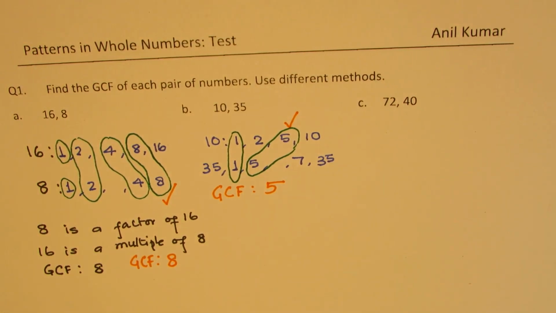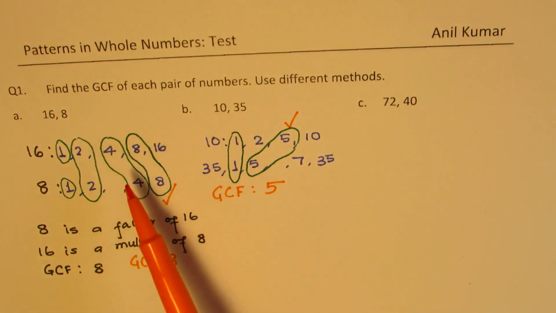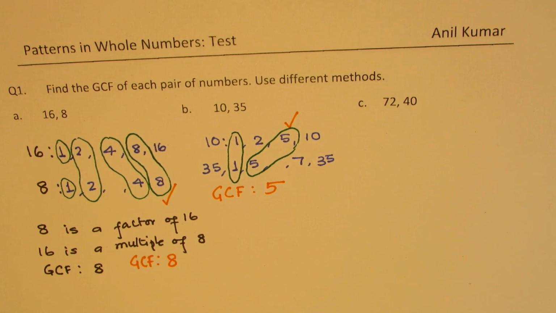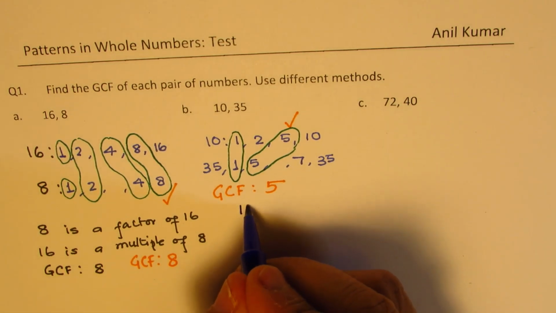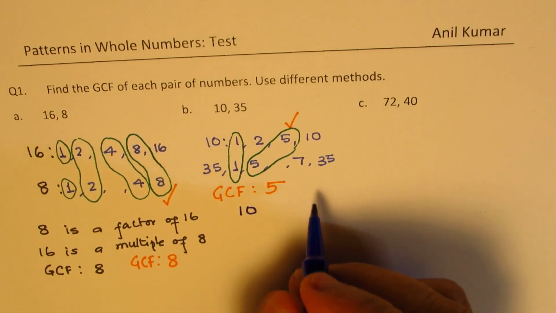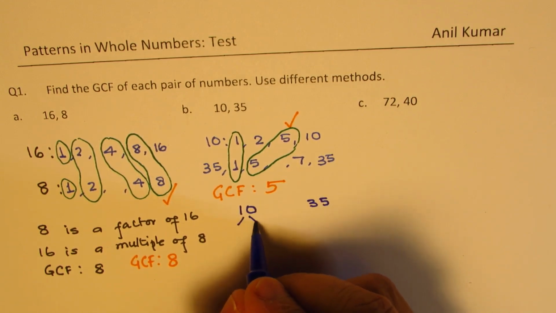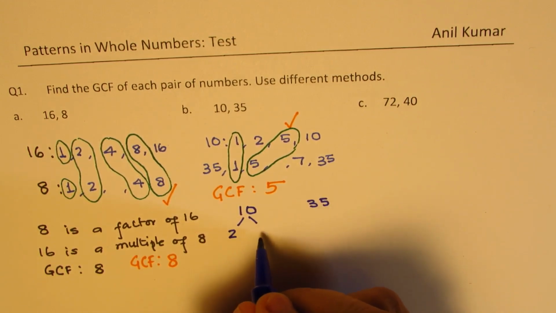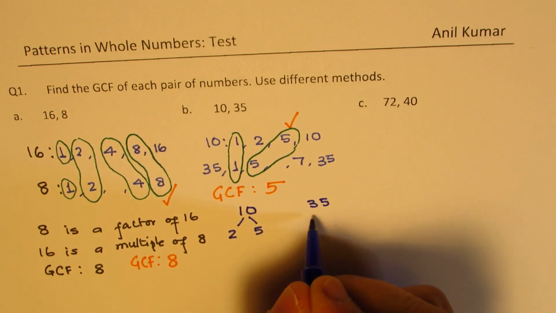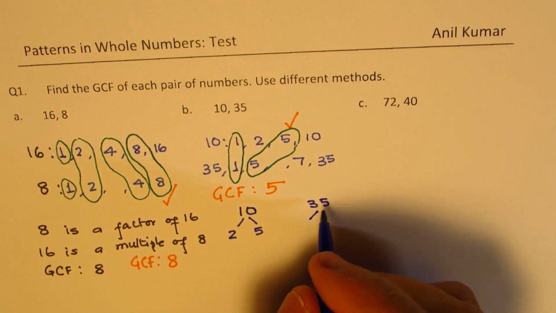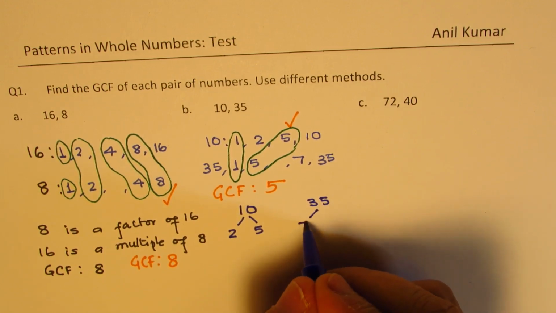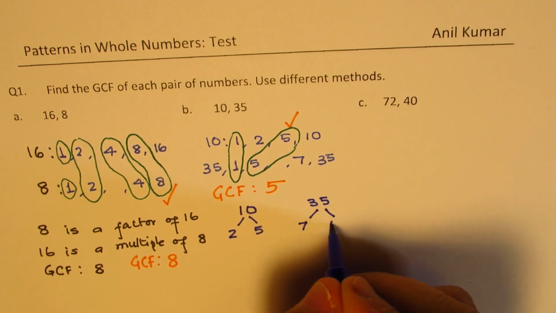Correct? So this time we did this using the second method. Let me take the opportunity to discuss the third method with you now. So we are looking into 2 numbers, 10 and 35. So we'll write down their prime factorization. 10 can be written as 2 times 5, and 35 can be written as 7 and 5.